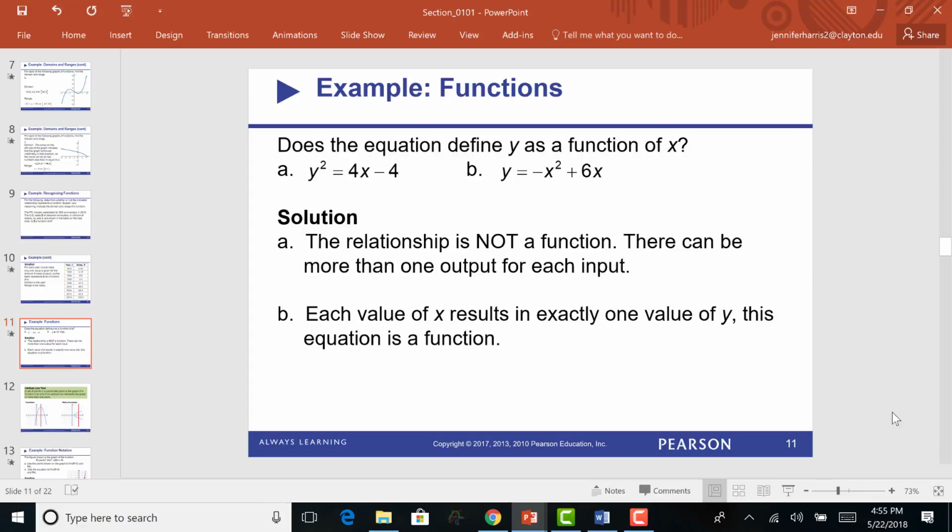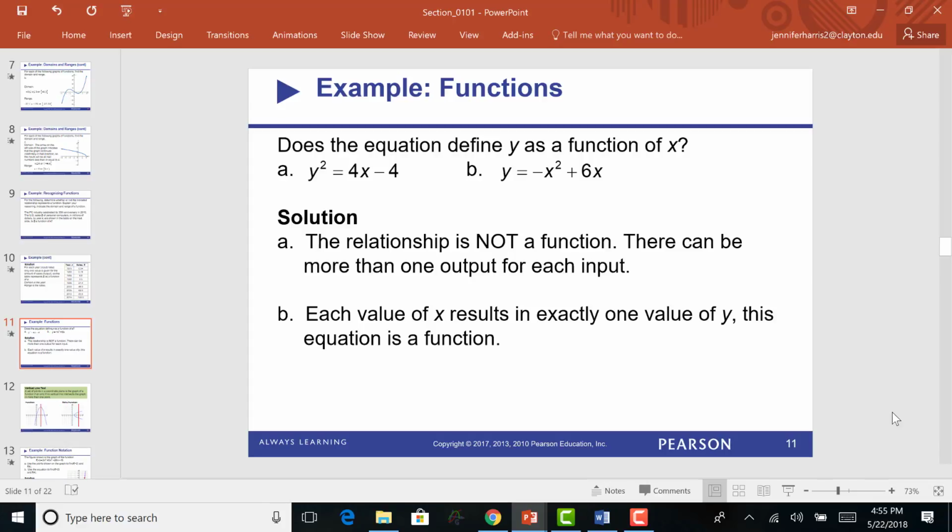Were y'all able to type it in okay? What kind of shape did you get? The picture, the graph, what shape does it look like? A sideways U? Yep, that's what you would have gotten. Does it pass the vertical line test? It does not.